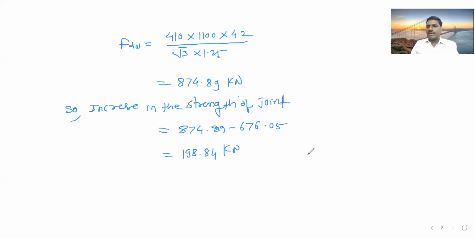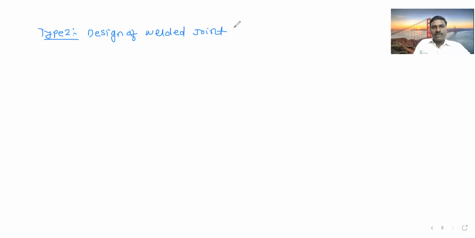Yes, sir. Okay. So now we will go next. So now we will see the type 2. Type 1 was the load carrying capacity. So now type 2 is the design of the welded joint. Welded joint or connection.